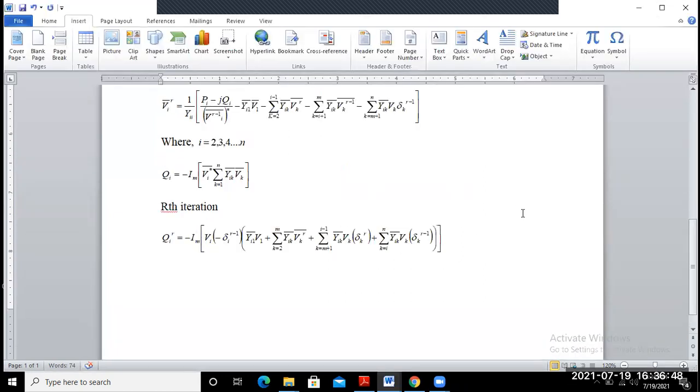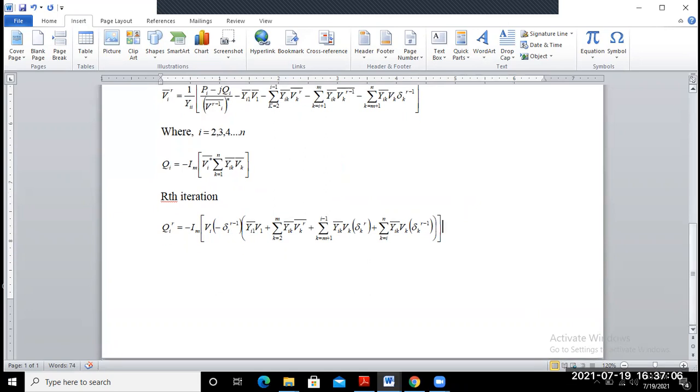So from this expression, you just find out Q_i^r. Okay, and compare whether Q_i^r lies between the limits of Q_i minimum and Q_i maximum.